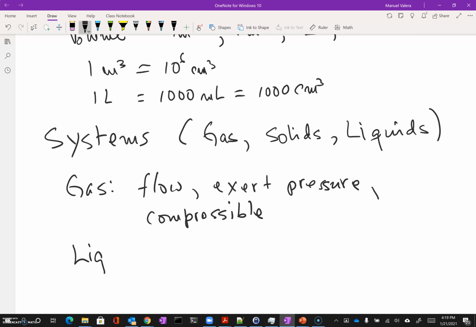Then there is liquids. They have a free surface, typically, only if they are not filling the container. And they flow. And also they exert pressure, but not in all walls because there is a free surface.